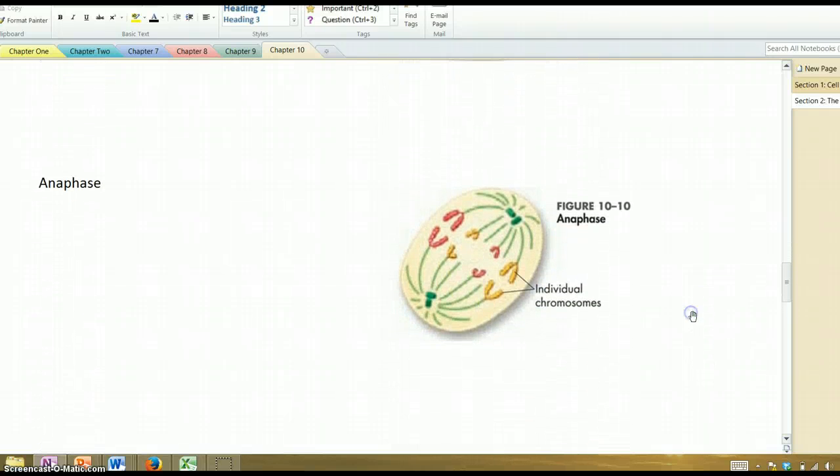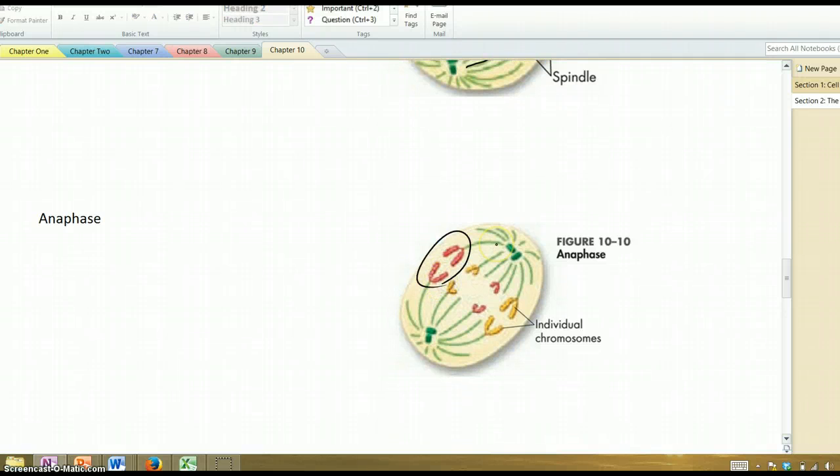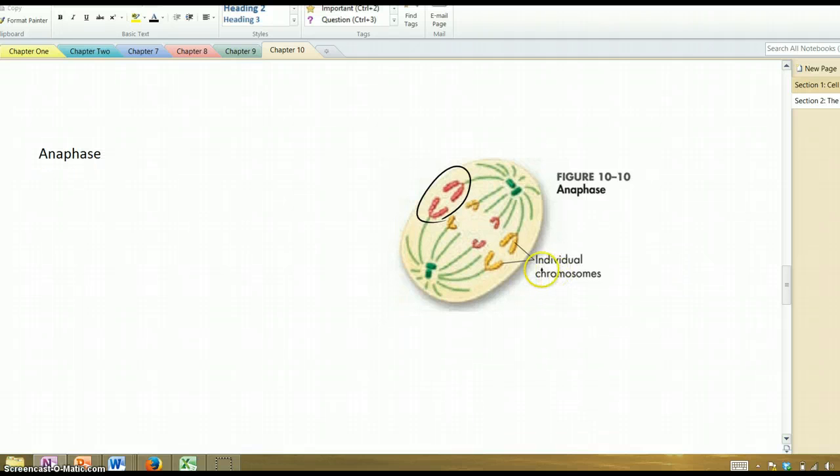Anaphase. Now what's happening is notice that the duplicated chromosomes, here's this big one here, have been pulled apart. That is, those sister chromatids have been separated and are now being pulled, if you will, to opposite ends of the cell. So each of those duplicated chromosomes is now separated. Now, at this point, we really don't refer to them as sister chromatids anymore, but they are distinct, separate individual chromosomes.